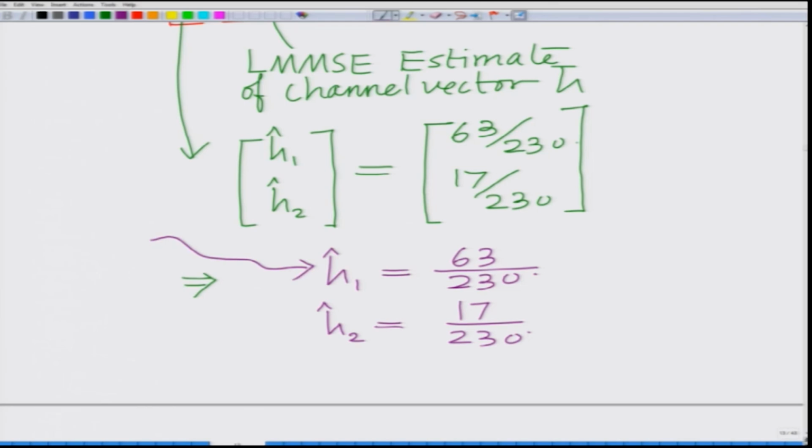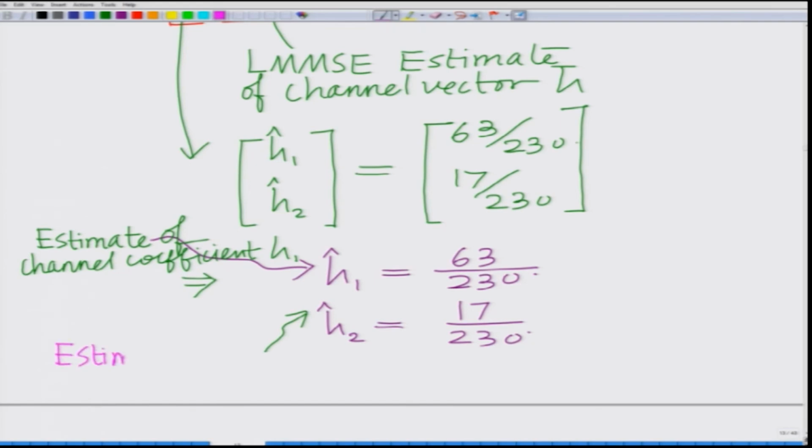What is H1 hat? The estimate of channel coefficient H1. And what is H2 hat? This is your estimate of channel coefficient H2.